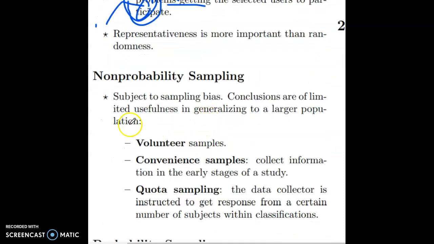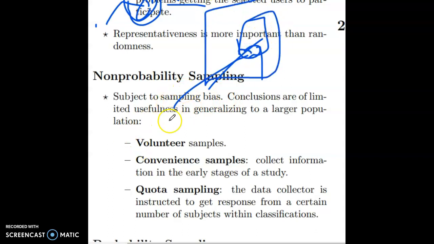Non-probability sampling is subject to sampling bias, and conclusions are of limited usefulness in generalizing to a larger population. Volunteer samples.